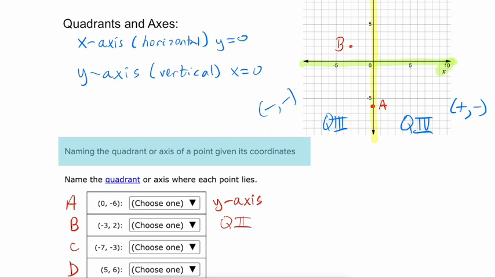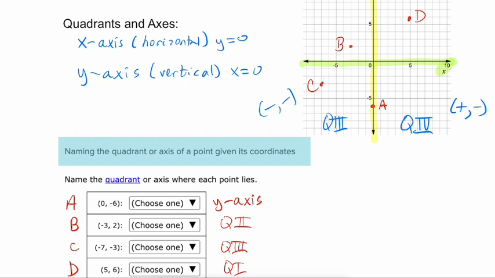We're going to go 7 to the left and 3 down. And then you can tell that since both x and y were negative, we landed in the third quadrant. And then finally (5, 6). We're going to go 5 to the right and 6 up. And so you can tell that we are in quadrant 1.